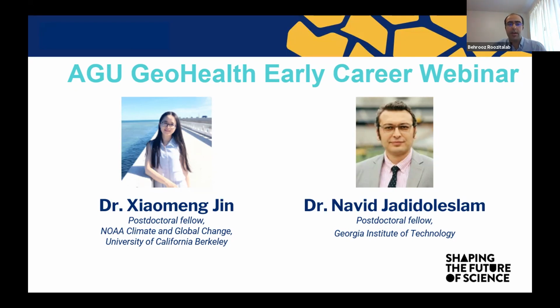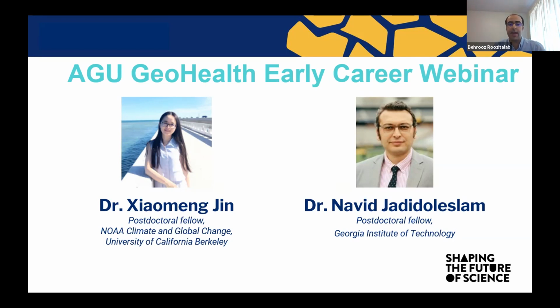Dr. Jin earned her PhD in 2020 from Columbia University in Earth and Environmental Sciences, and she is currently a postdoctoral fellow of NOAA Climate and Global Change at University of California, Berkeley. Her research primarily focuses on air pollution and its health impacts, and today she will present her work on using satellite data to understand the ozone chemistry.